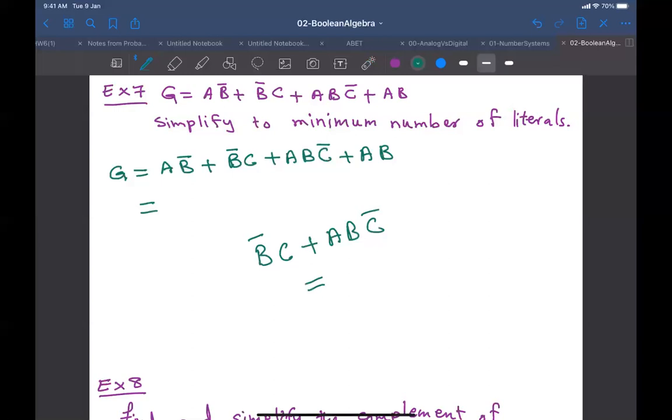B complement C, ORed with AB. Who agrees to this? Who approves this? Shouldn't it be AB instead of B complement C?